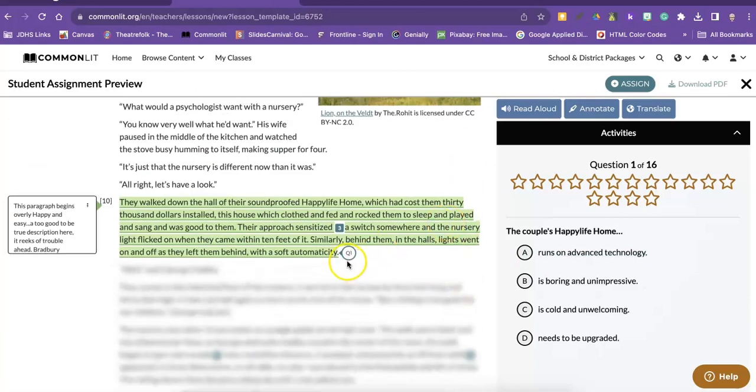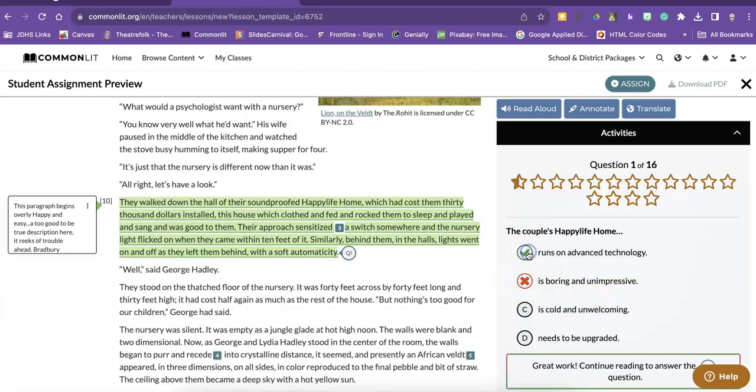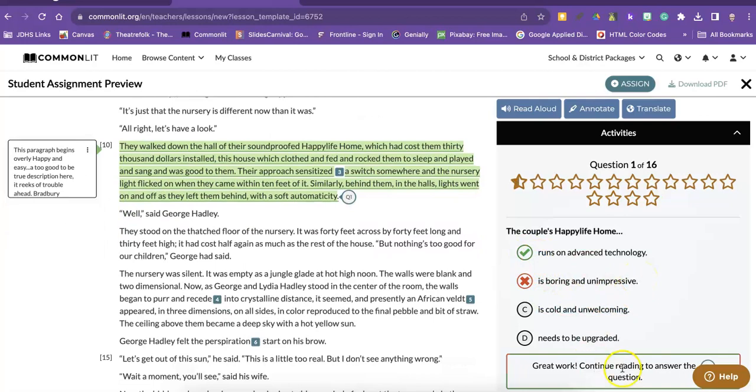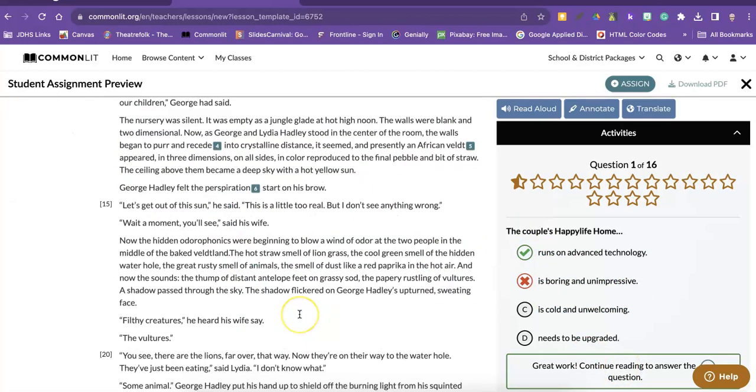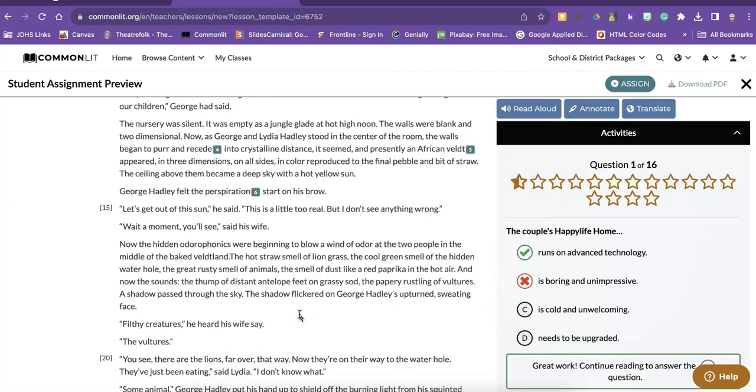So when you get to a Q and a number, you have to answer this guided question over here. And if you answer the wrong one, it will not let you continue. You try to get the right answer, and when you do, it says, "Great work, continue reading." Notice it opens up more for you to read.